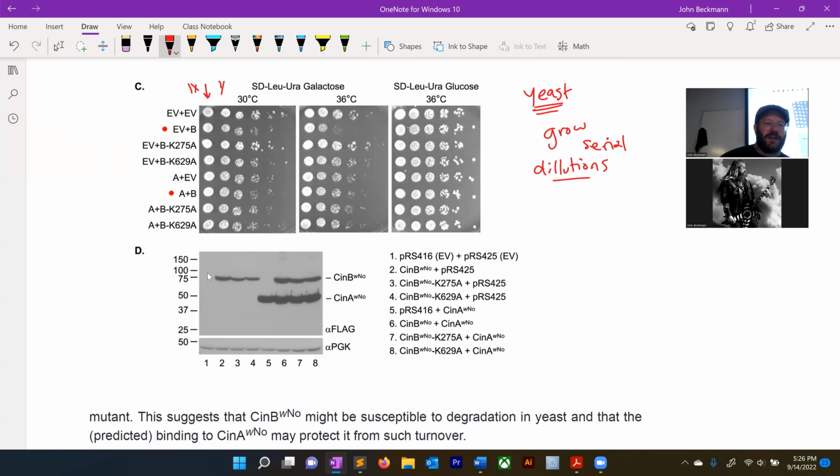So this concentration is 1/5 of that one, and then this one is 1/5 of that one, and so on all the way down the line. The reason that you do a serial dilution is because it allows you to see differences in growth, essentially the speed of growth while you're expressing certain things. And this will allow you to see a phenotype. Okay.